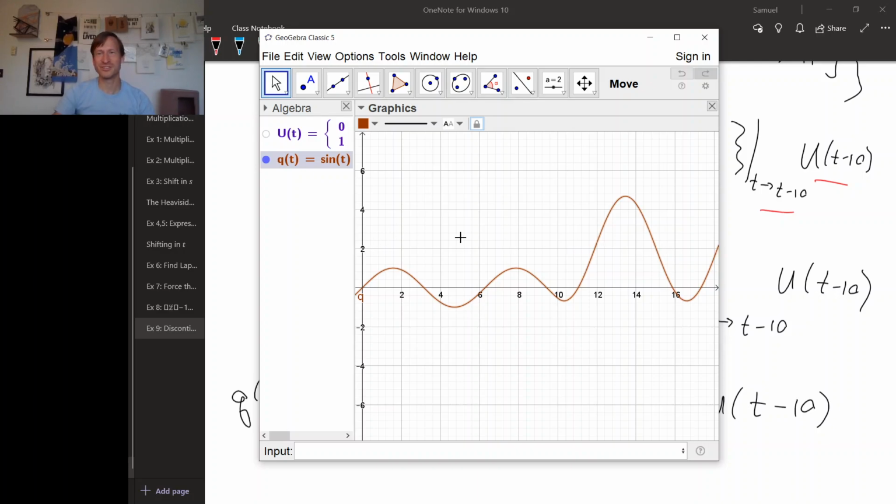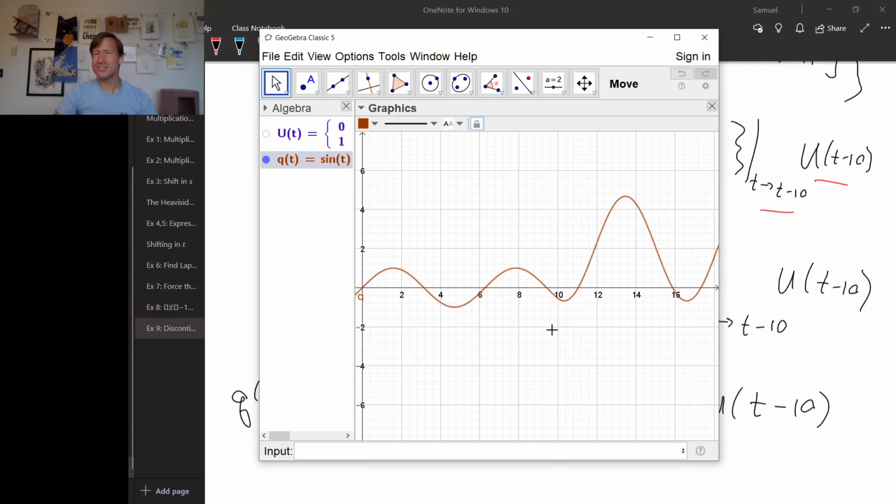A voltage of 2 is going to give you a charge of 2 as well. So it starts oscillating around 2 instead of around 0. And all of that behavior is captured by the Laplace transform without explicitly having to work out exactly what happens at this discontinuity at t equals 10.